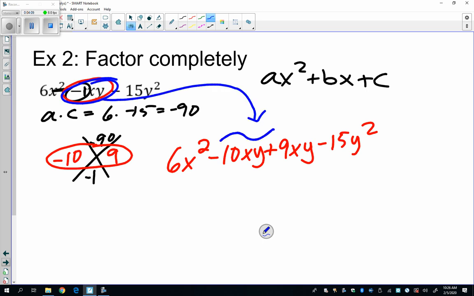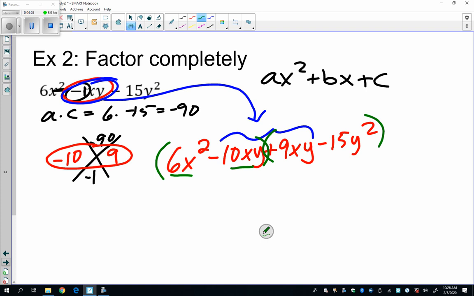The reason why we do this is that the next step is to group the first two terms and the last two terms. And we take out our greatest common factor of the first two terms. The greatest common factor should be 2x.